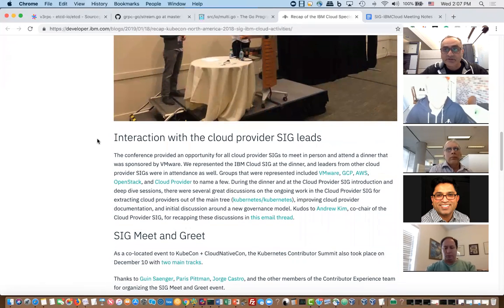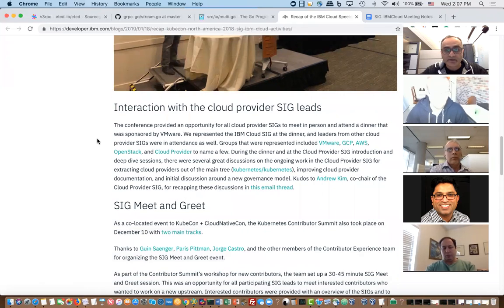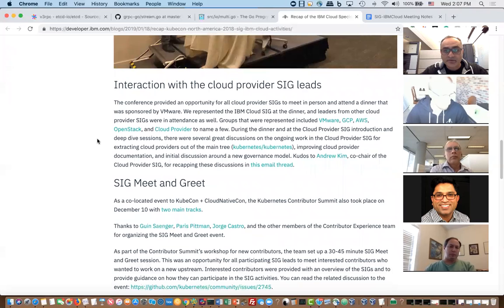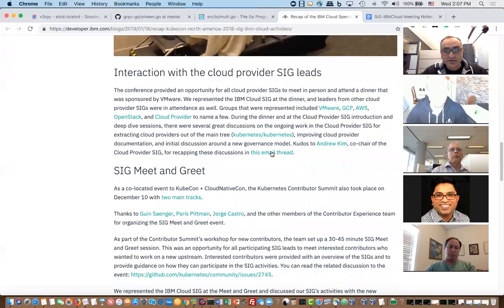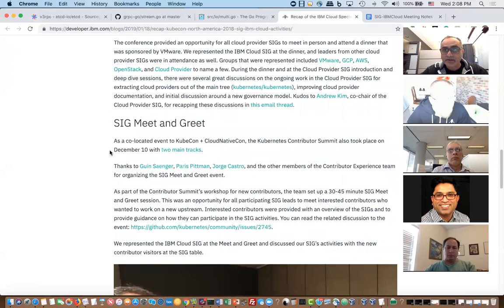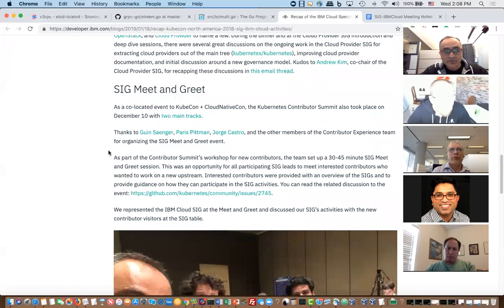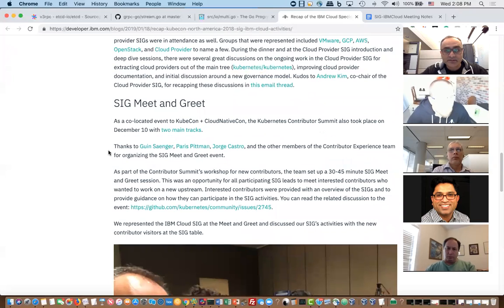We had some good interaction with the cloud provider SIG leads. It was a good dinner, and part of the dinner and later at the conference. That is also briefed here along with some of the email thread links of the discussions. We also participated in the SIG meet and greet session, and that's where we found some new interested folks in the SIG.